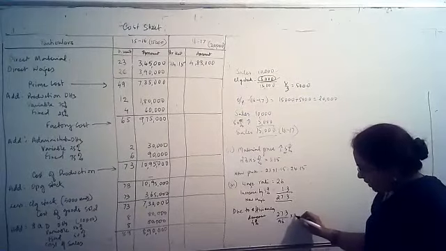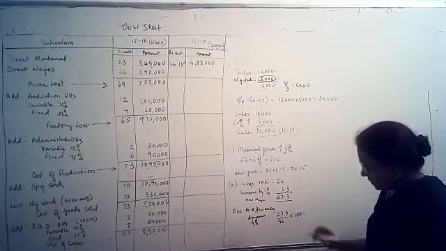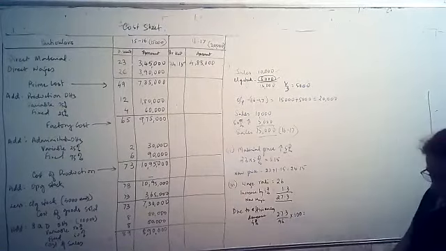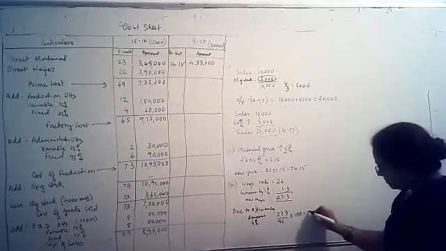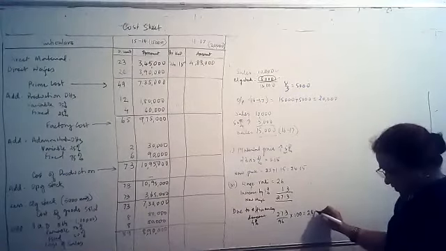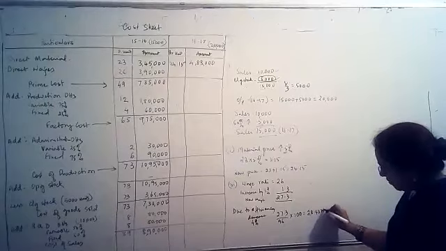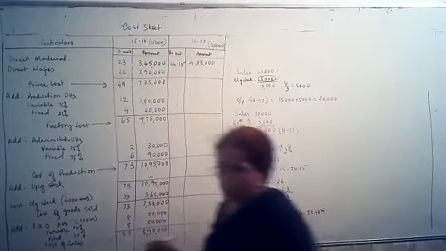I need to find out how much I need to pay for 100%. So 27.3 is equivalent to 96. I need to find out for 100. So it is 28.4375. This is the new wage rate.